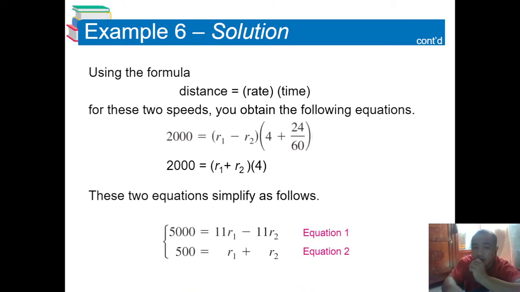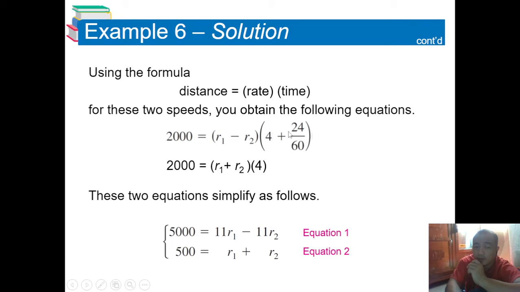So let us simplify the two equations. For equation 1, it becomes 5,000 equals 11 r sub 1 minus 11 r sub 2. See, 24 over 60 is divided by 12, giving 2 over 5.